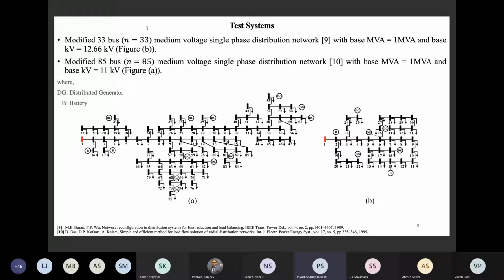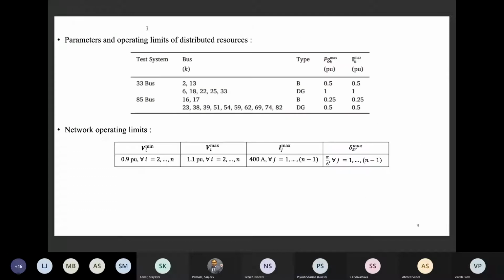Now these locations have not been chosen optimally because the main concern of this research was to obtain an aggregate flexibility curve instead of determining the optimal location of these resources. We have assumed that the distribution networks are adequately equipped with distributed generators. These are the parameters and operating limits of distributed resources, and the network operating limits.